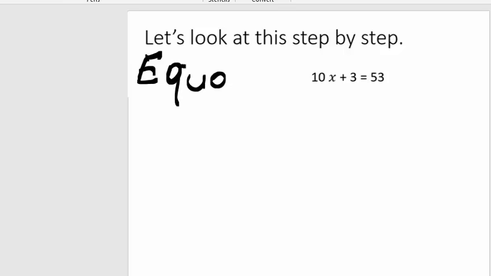I think this is too bold, let me go for something that will be easier on the eyes. For this equation, whatever you do on the left, you do on the right, or you can simplify this as much as possible in order for you to start solving for x.